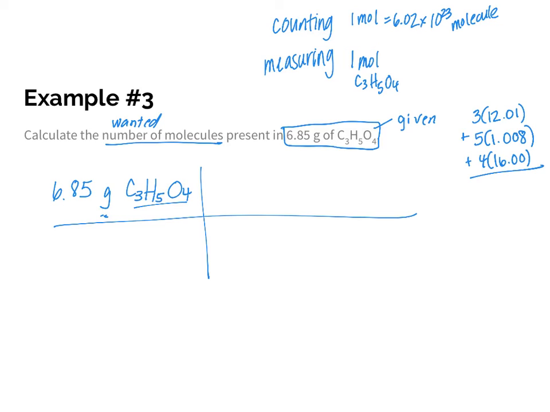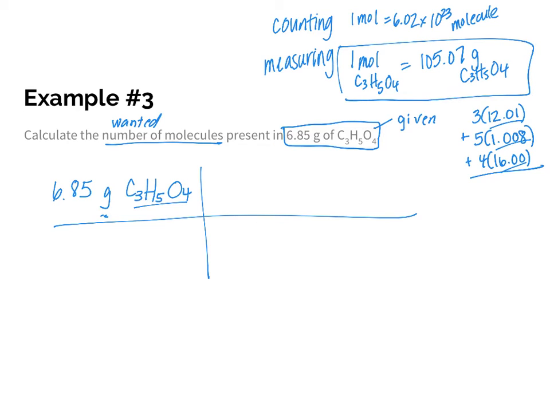Keep in mind I got these numbers from our periodic table, those atomic mass units that you see on there. When I add this all up, I got that 1 mole is going to be equal to 105.07 grams of C3H5O4.